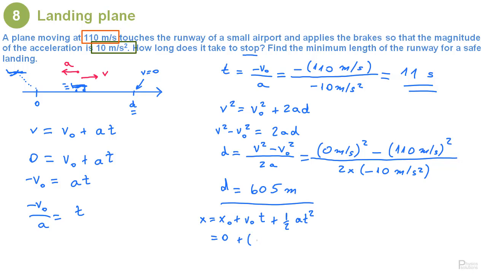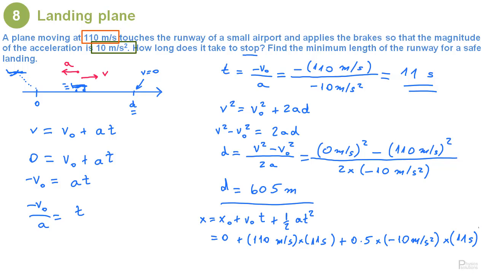The initial velocity is 110 meters per second, times the time that we found in the previous part to be 11 seconds, that is the time that it takes for the plane to stop, plus 1/2, which is 0.5, times the acceleration, which is minus 10 meters per second squared, times the time again, 11 seconds.